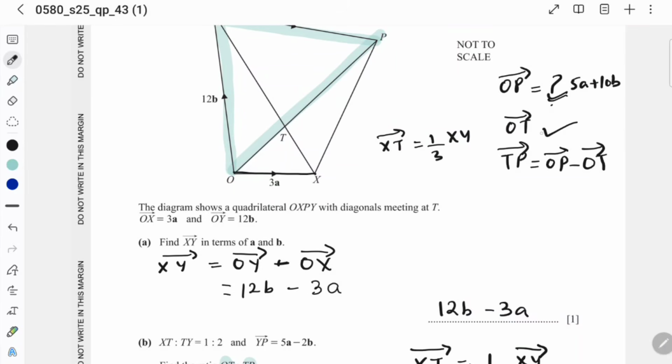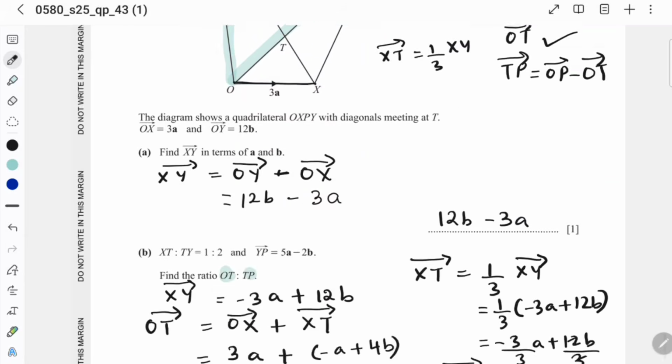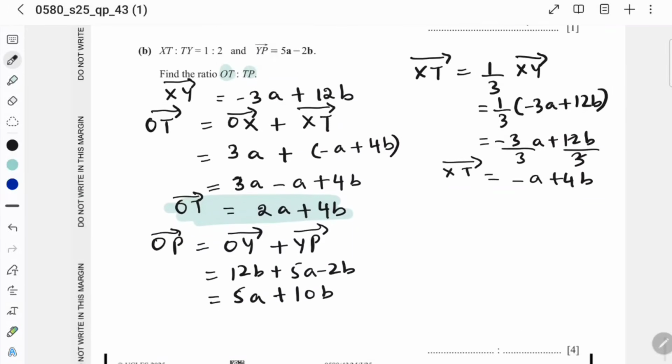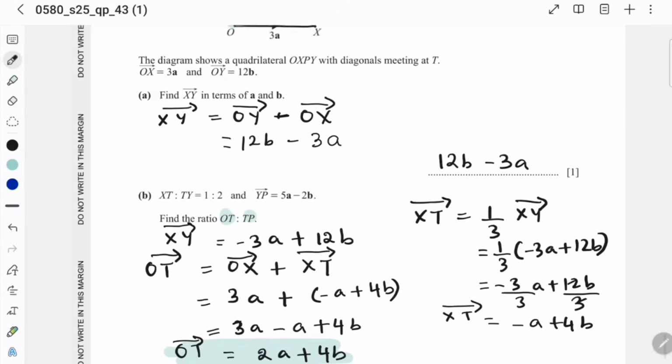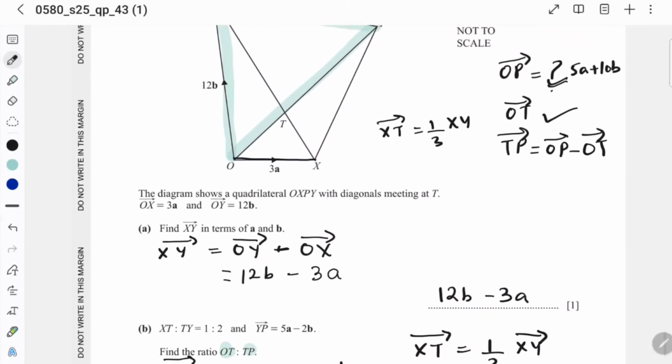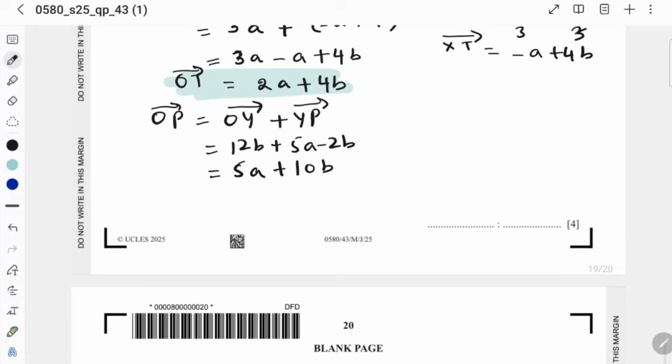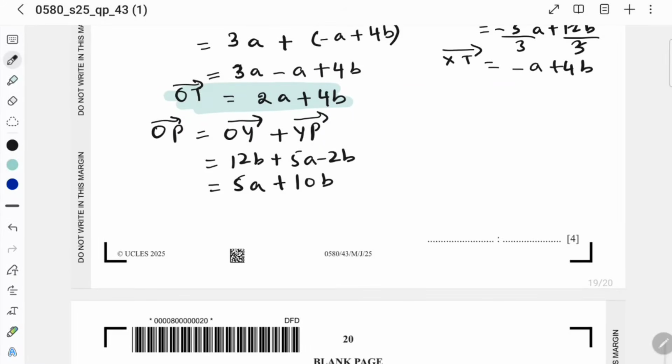Now we know what OT is: OT is equal to 2a plus 4b. You just subtract these two and you get the value of TP, which is required. You have already calculated that OP is 5a plus 10b.